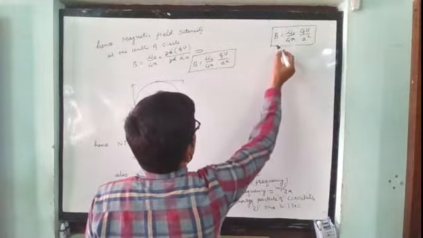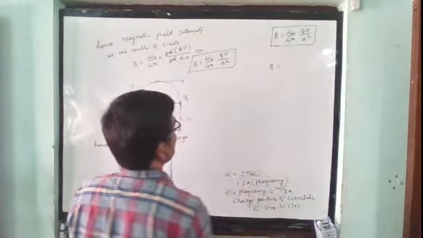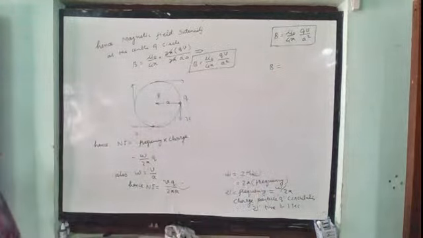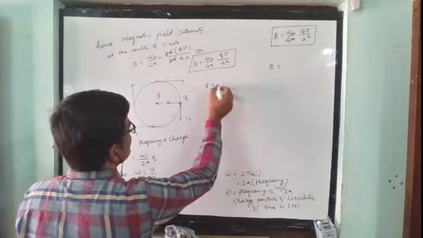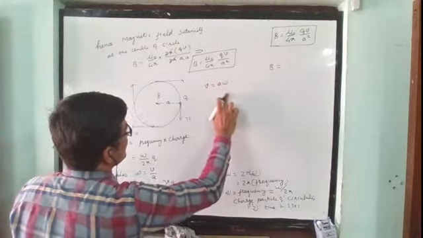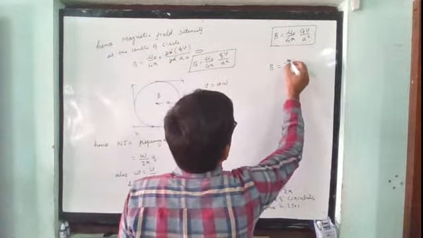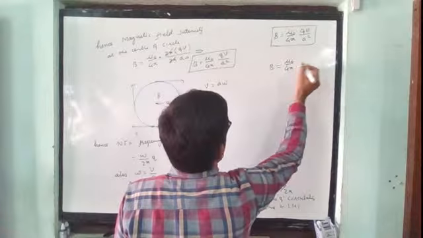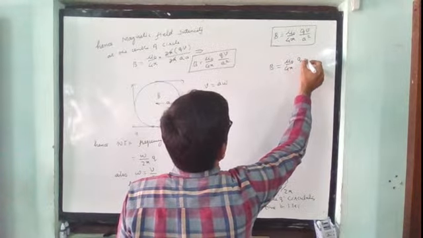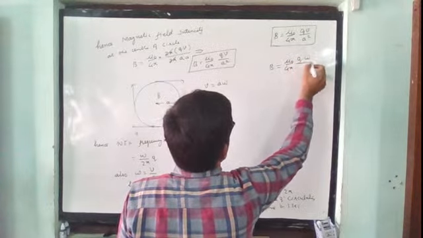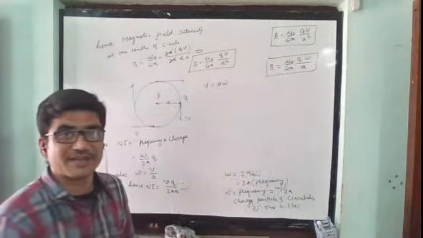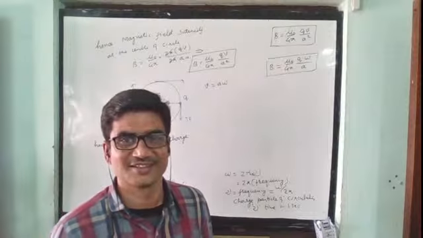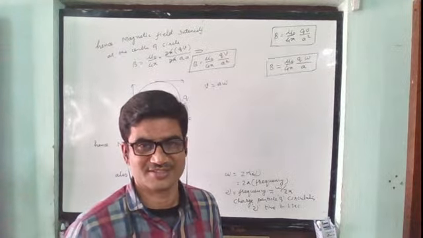In terms of angular velocity, you know V is equal to R omega, V is equal to A omega. If we put that here, what will we get? Mu naught upon 4 pi Q A omega divided by A. One more formula in terms of angular velocity.